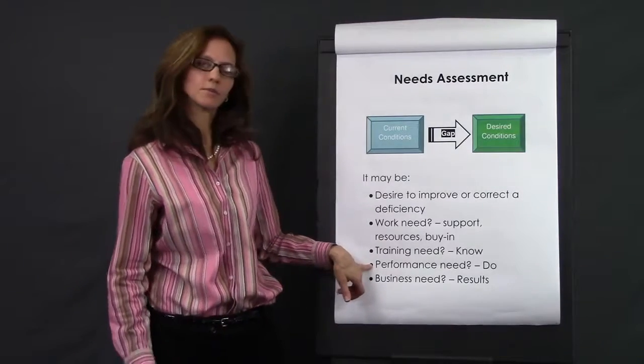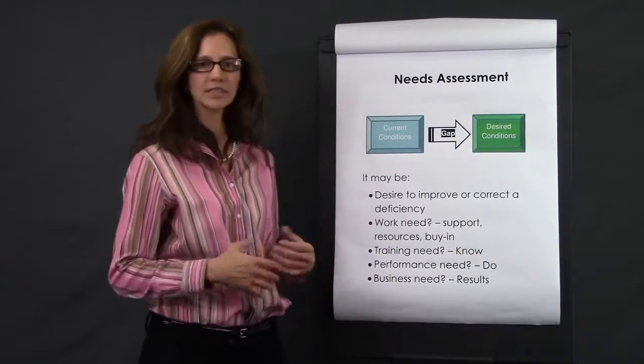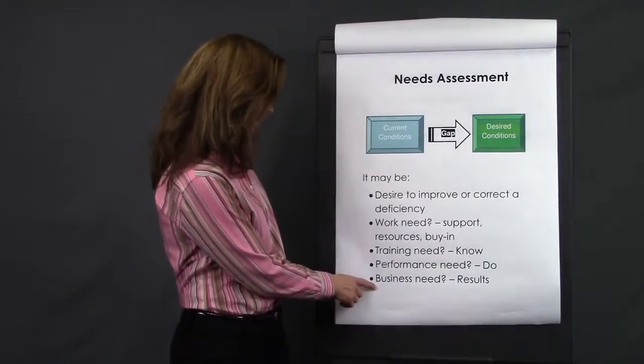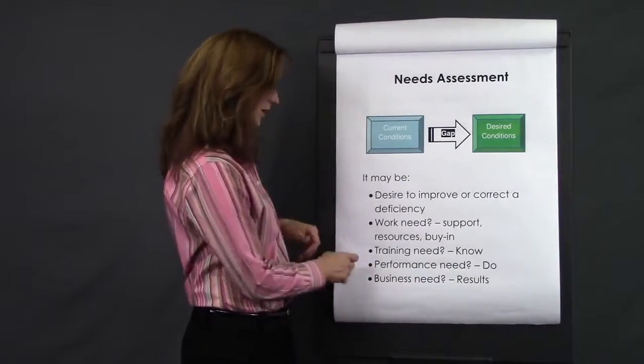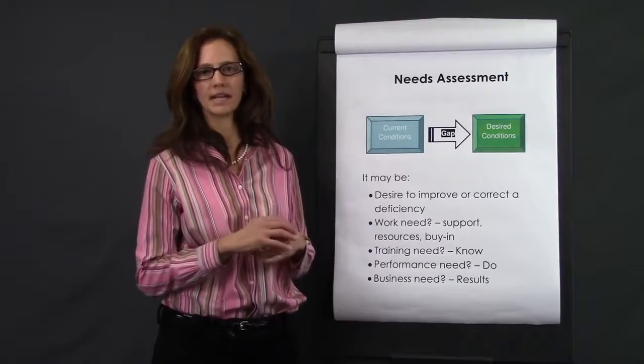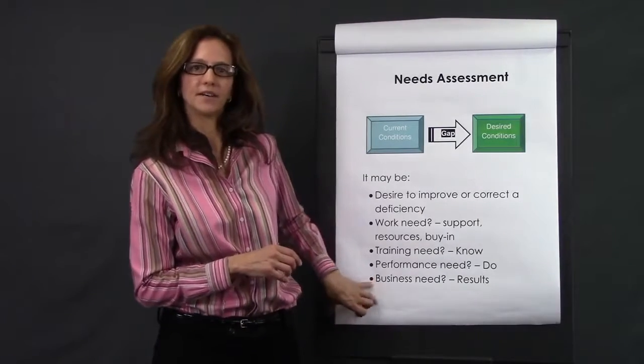Sometimes it's a performance need. What do we want somebody to do in that case? Are we looking to change a behavior? And then there's the business need, which is a larger results need. I know that Mark went through quite a bit with you in the business acumen ROI stage, and this includes some of that as well.